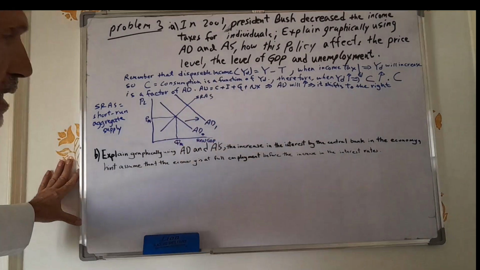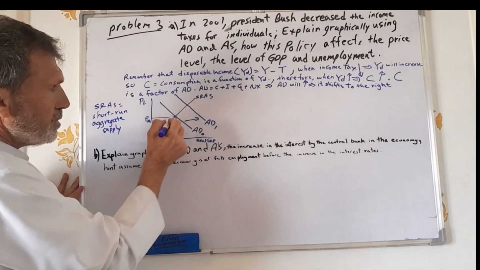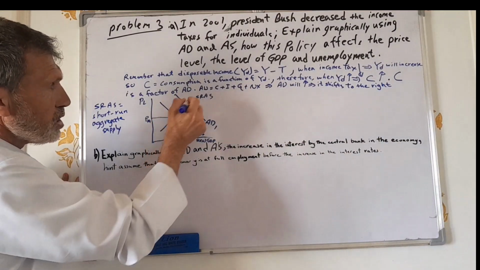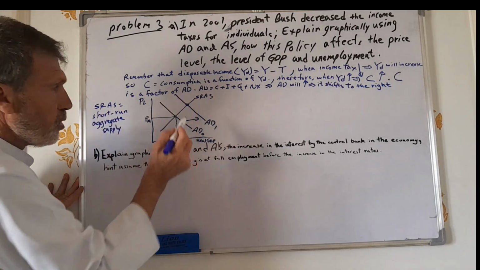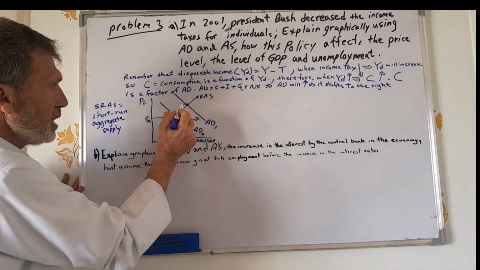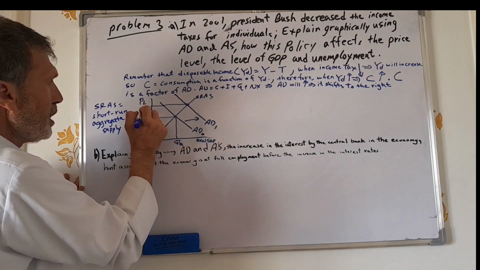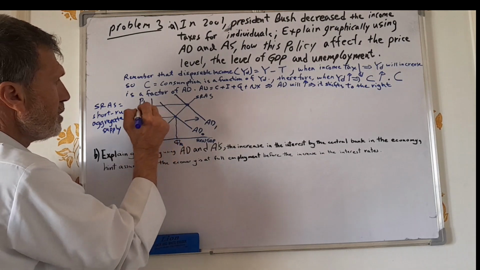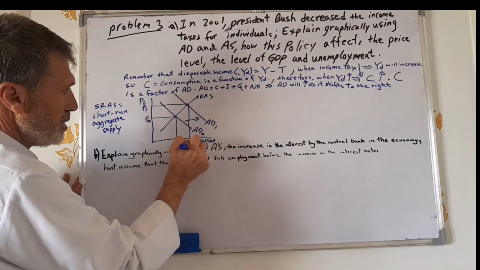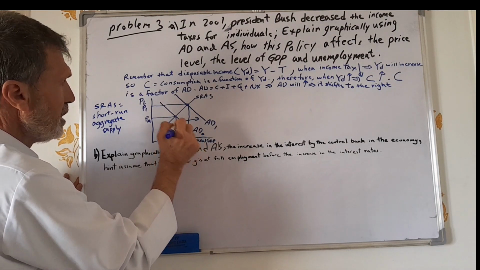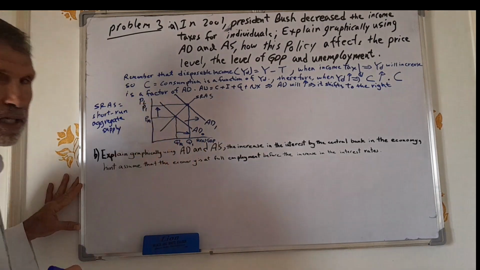Now it intersects the original short-run supply here. Now, let's look at the new price. As you can see, this is the price, let's say P1, and the quantity is Q1. So the quantity increases and the price level increases.